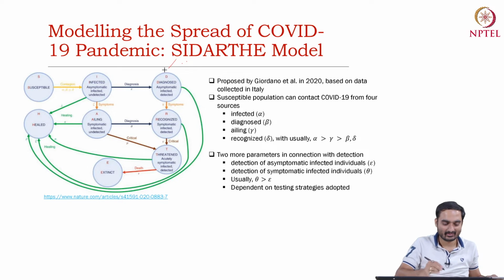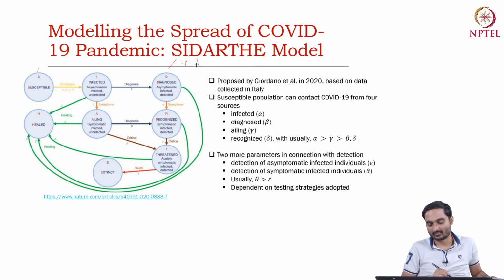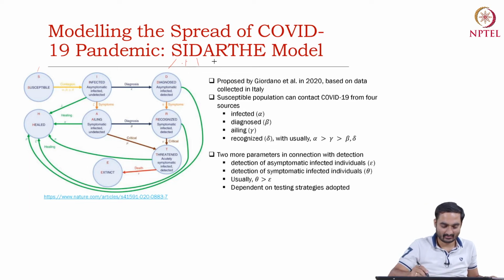You have S, which is susceptible, I, which is infected, then D, which is diagnosed, then A, which is ailing, R, which is recognized. I will discuss all these states. T, which is threatened, H, which is healed, then E, which is extinct.